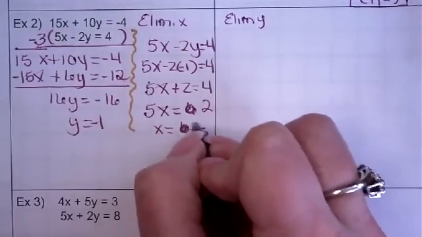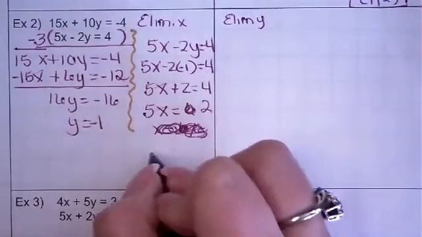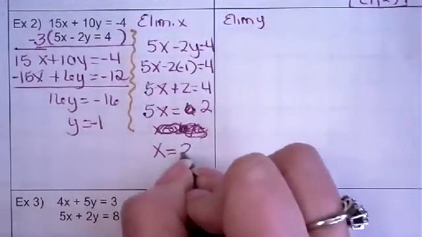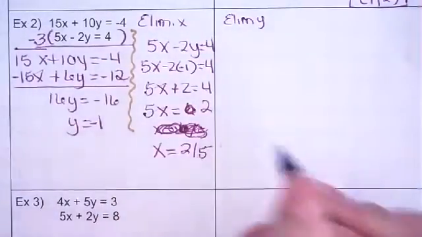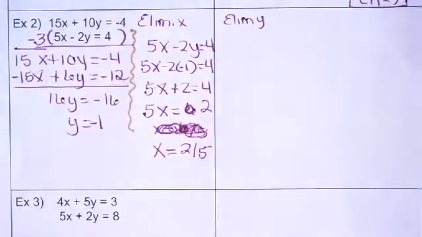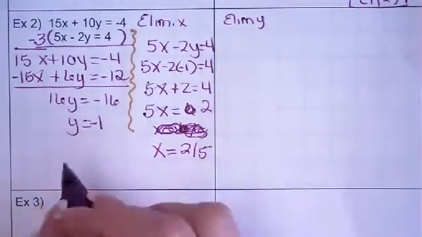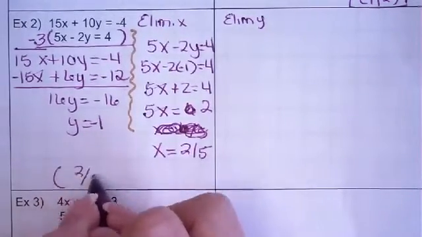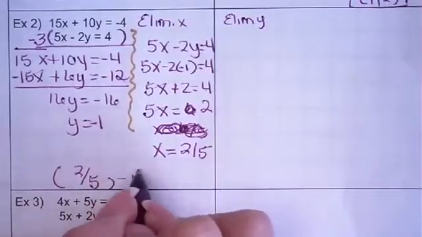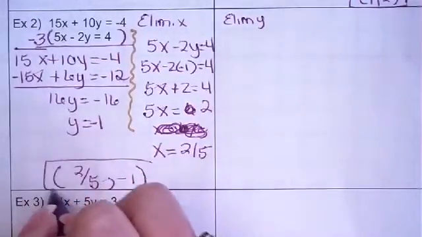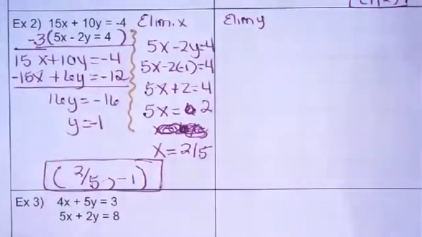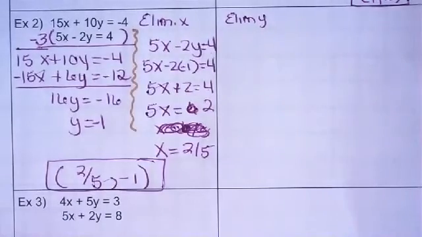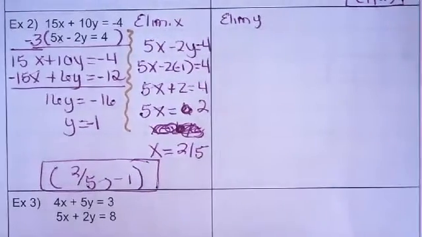So that's going to be, let me just mark that out. Even real math geeks like me can make mistakes. So that's going to be 2 over 5. Okay. So my ordered pair here is 2 over 5 and negative 1. And there we go. Now, pause it, copy it, and then we're going to eliminate y.